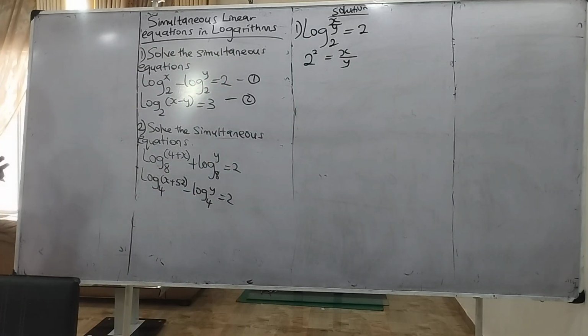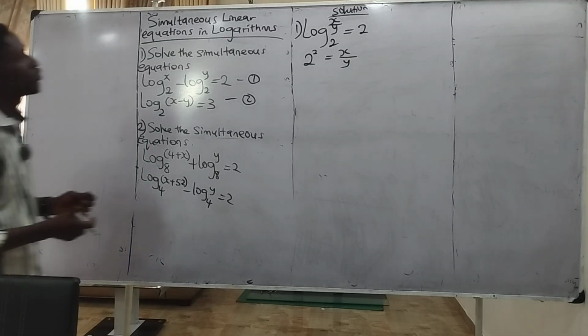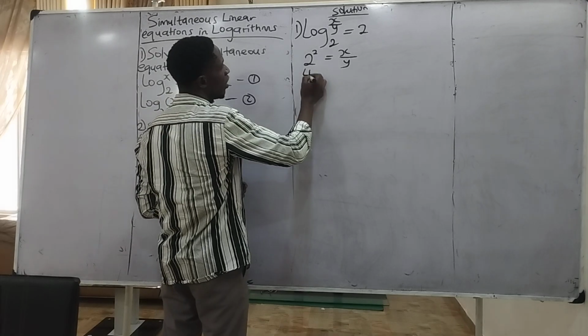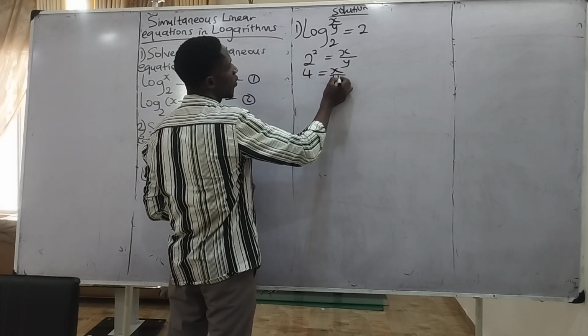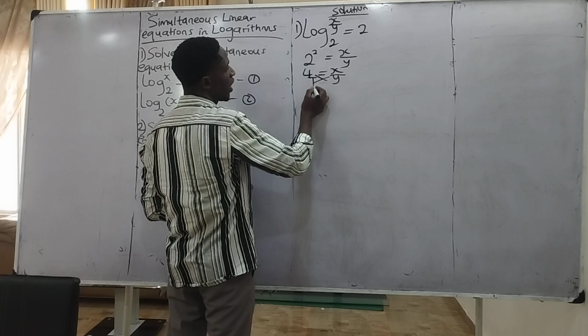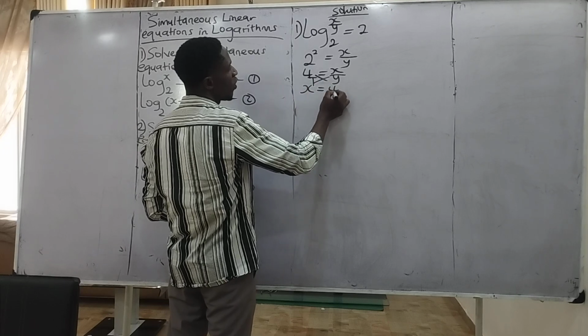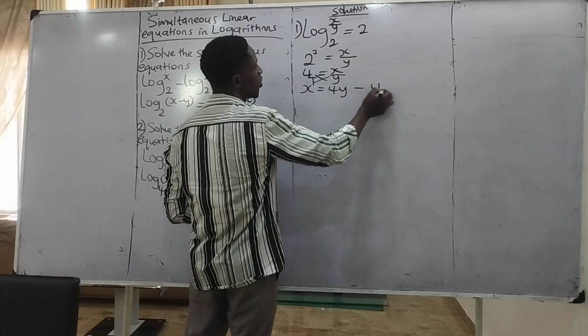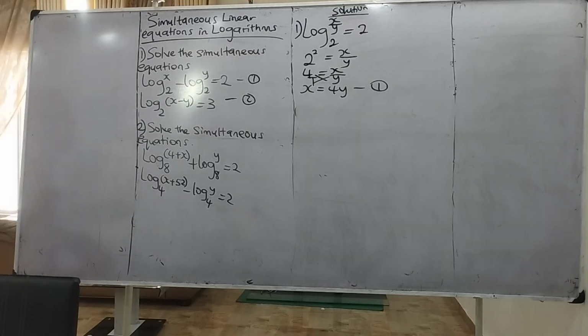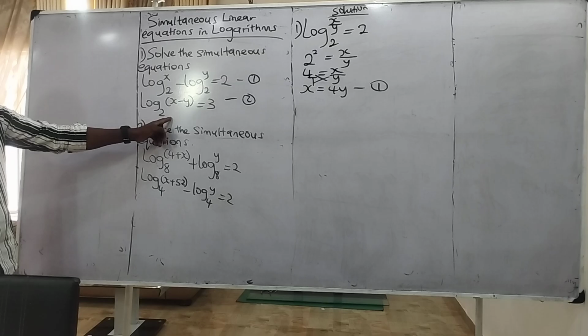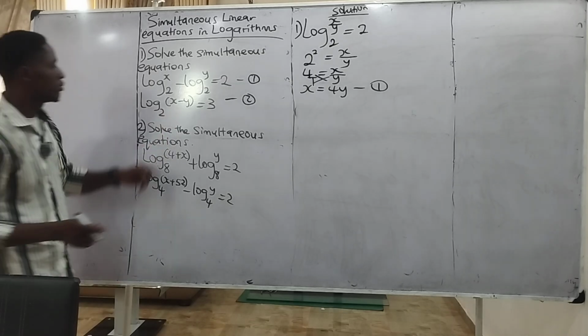X over y. Going by this, we have 2 raised to the power of 2 is 4, is equal to x over y. So let's cross multiply. Our x is equal to 4y. Let's call this one equation 1. You can see it's normal now. Let's go to the next one. This one is easier because we have only one log.